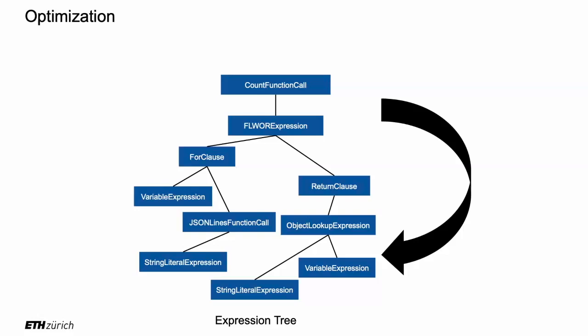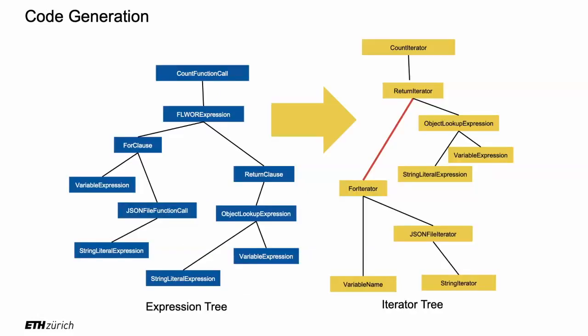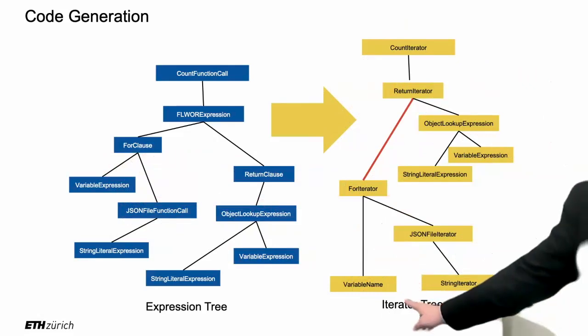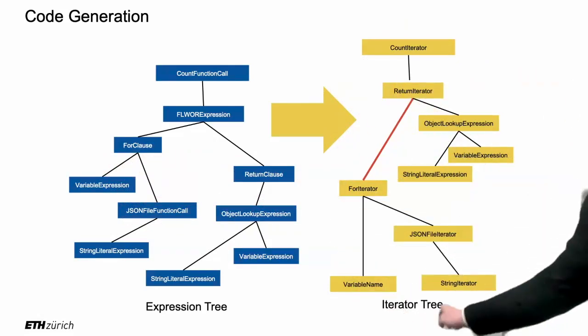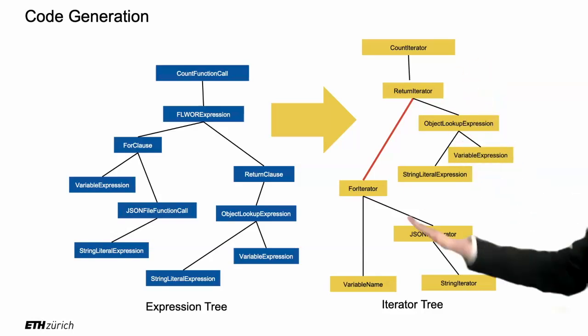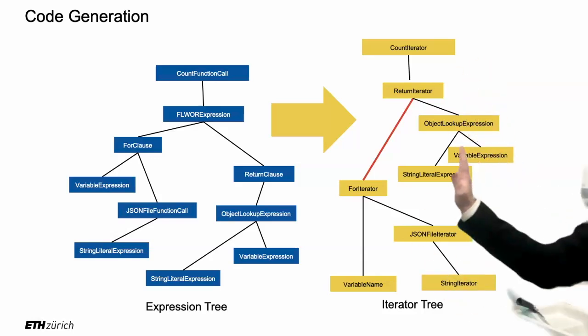This is the time where you figure these things out, where you just look at the program, analyze it, and try to deduce these things. All right, so there's plenty of other optimizations that are done there. And then comes the big moment where you convert this expression tree to a runtime iterator tree. This is the part that is executable, that you can actually trigger, you press a button, and then it evaluates the whole thing.